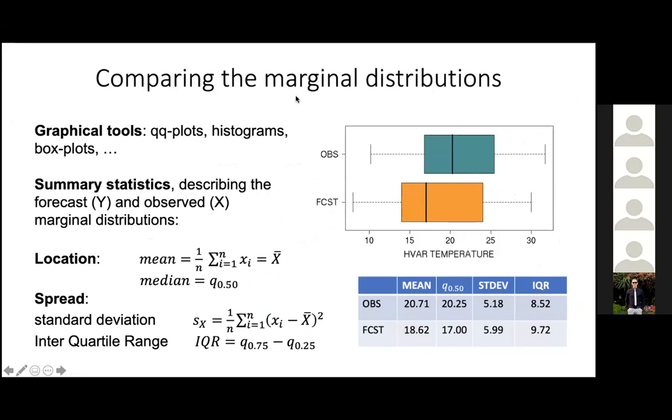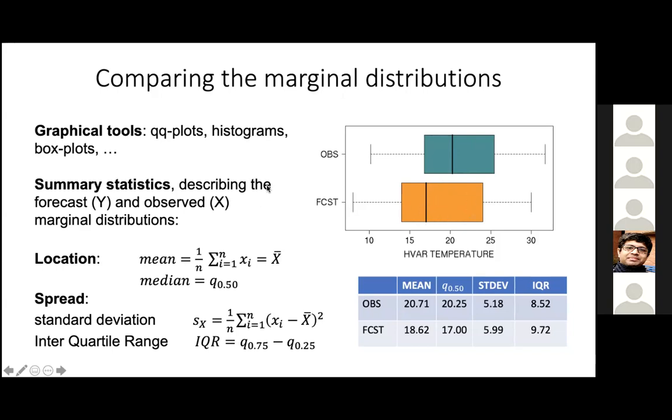Marginal distributions. Many statistics are used to compare marginal distributions. We have already seen some of the graphical tools to do it. Further than the quantile plots, there are histograms or box plots like this one in the image. From these box plots, you can immediately see that the forecast has an under-forecast essentially.